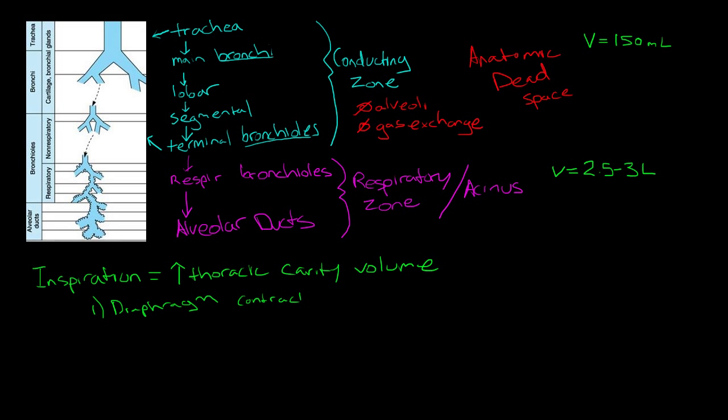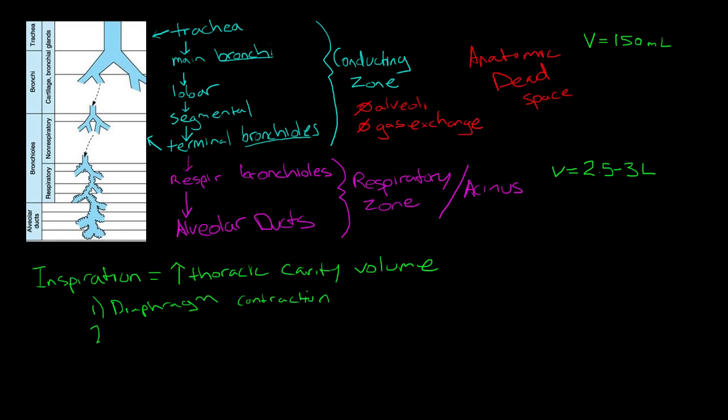The diaphragm exists at the bottom of the lungs, in between the abdominal cavity and the thoracic cavity. And when it contracts, it's going to pull down toward the abdominal cavity and increase the thoracic cavity in a longitudinal direction.